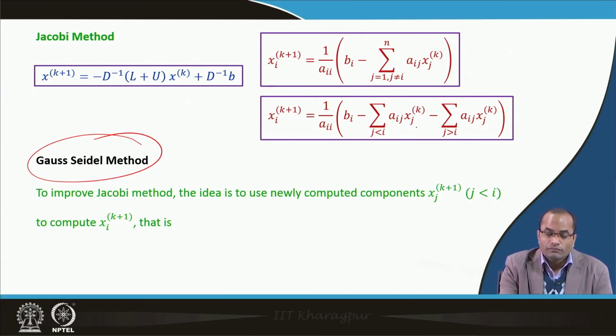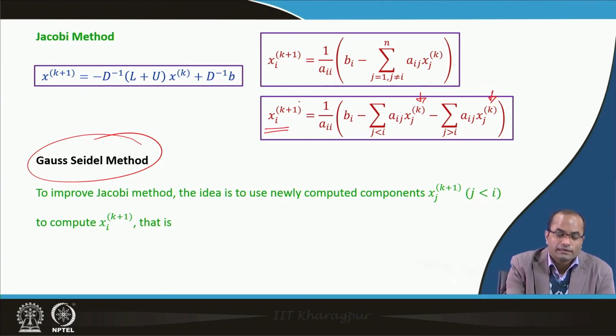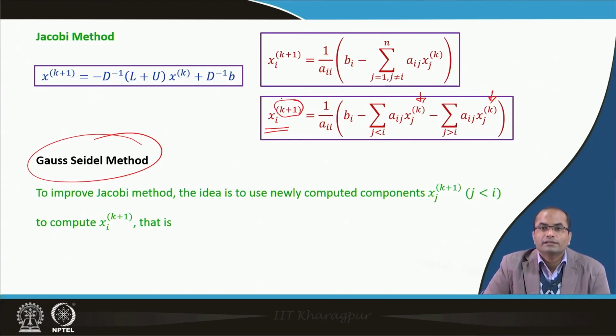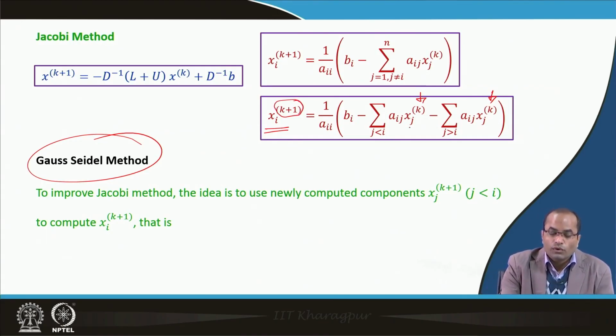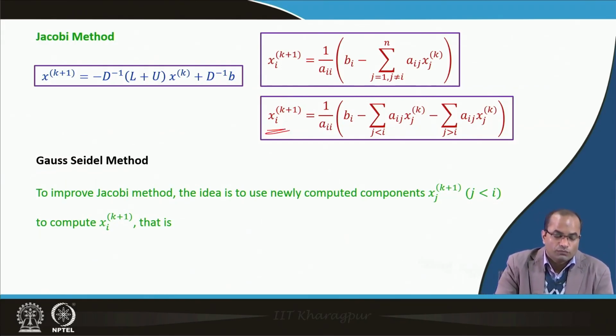Here all values of x on the right-hand side are kept as kth iterations, and then all values x_1, x_2, x_3, up to x_n, are computed at the (k+1)th iteration. So, all the values of the previous iterations are used in the right-hand side to compute the new values. What is the idea of the Gauss-Seidel method?